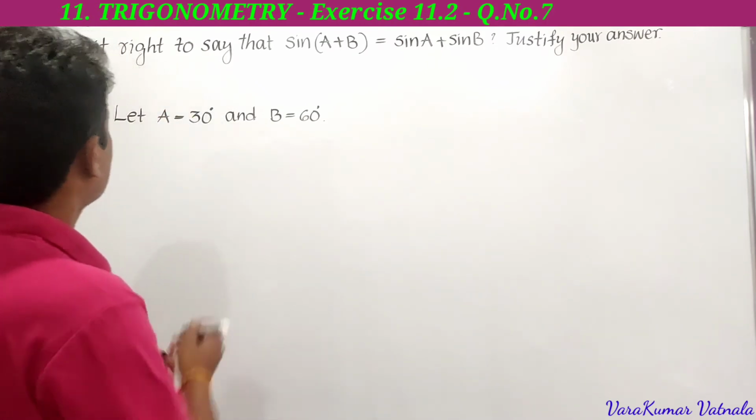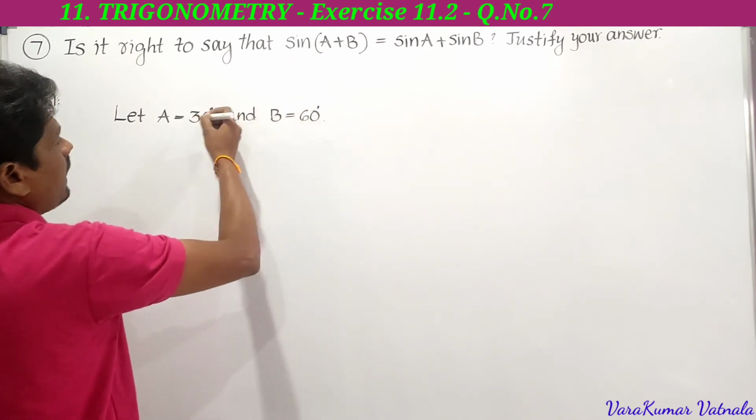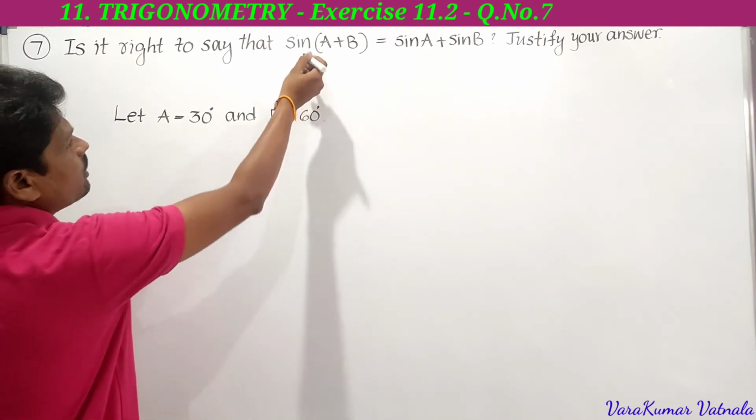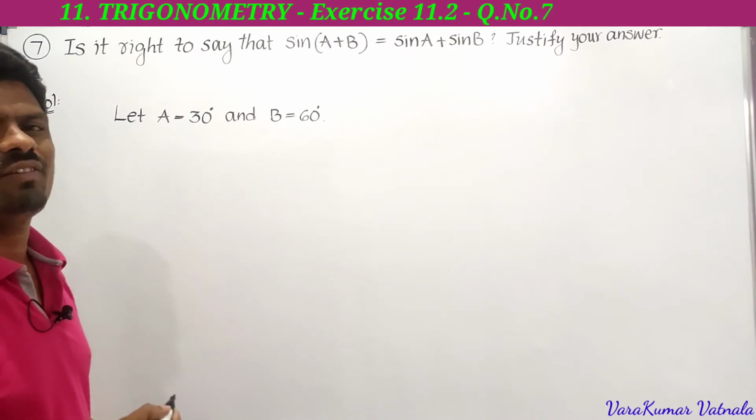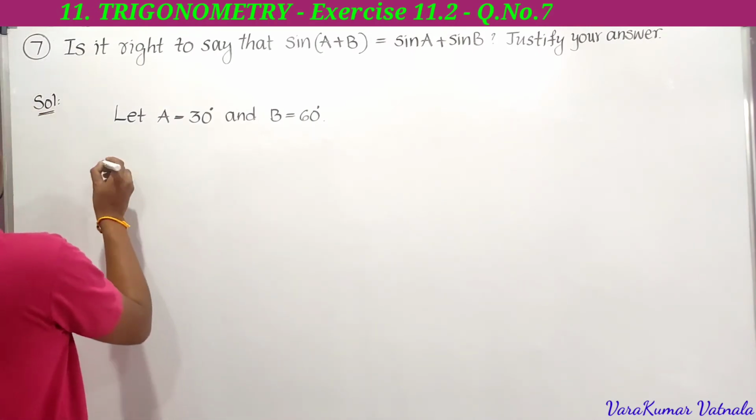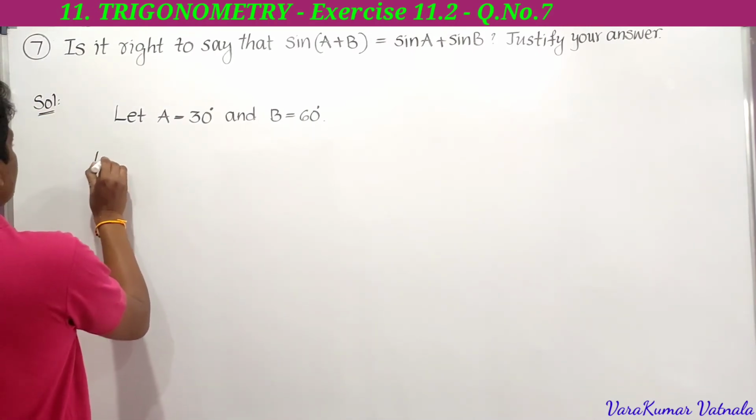So first, taking A equal to 30 degrees and B equal to 60 degrees, we find the value of LHS.